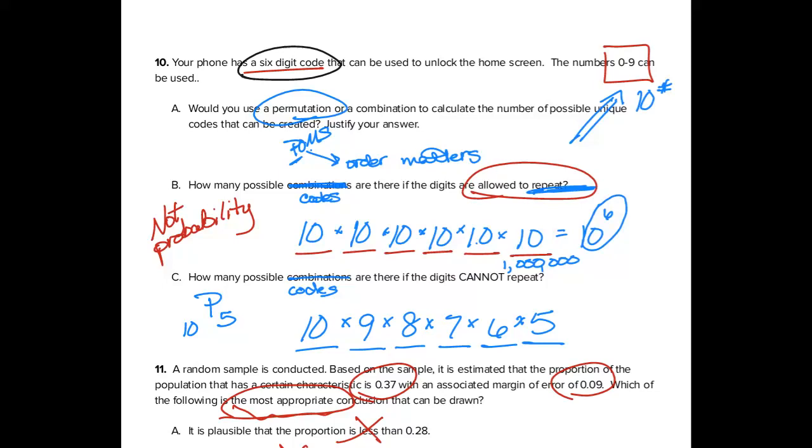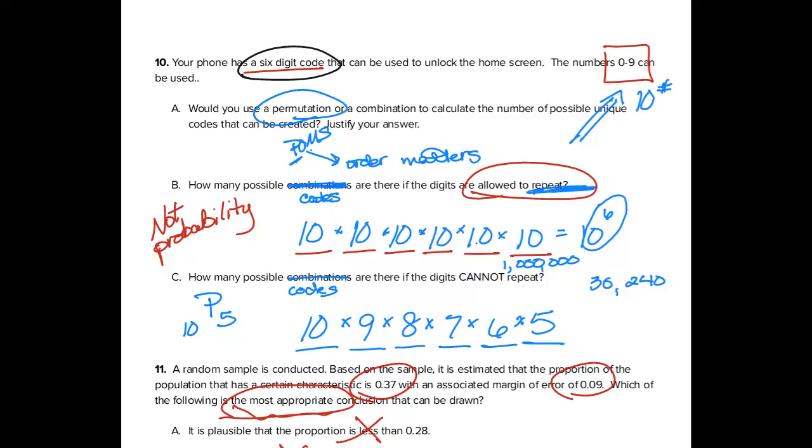I am just going to check really quick. Ooh, what did you have? Maybe I had the wrong answer. I have 30,240. Is that not what came up? 10 times 9 times 8 times 7 times 6 times 5. Ooh, what did I do wrong?